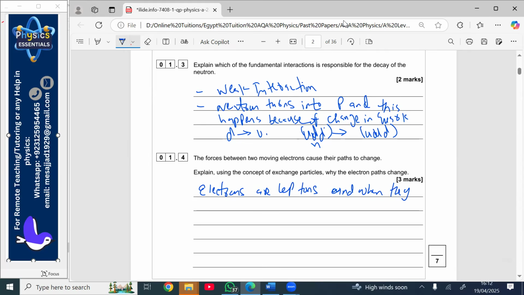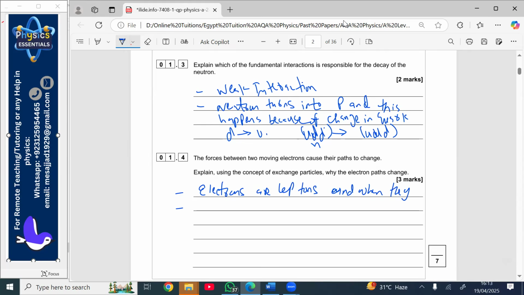Remember, for example, bosons are associated with baryons, right? And when we have a weak interaction from baryon to beta minus, we have bosons. But for electrons, we have a very specific kind of virtual photons, which are called exchange particles.